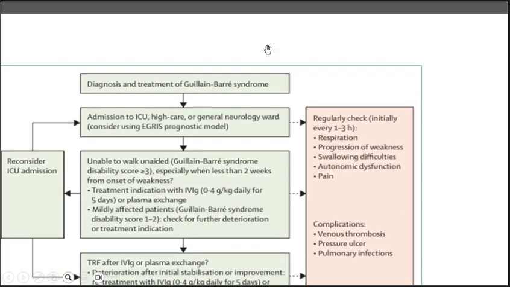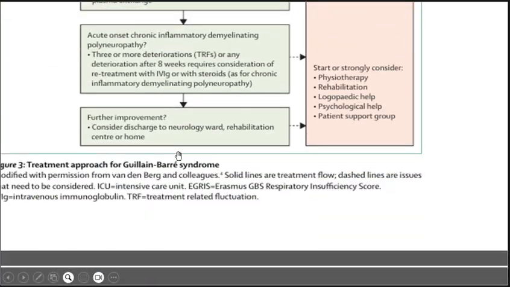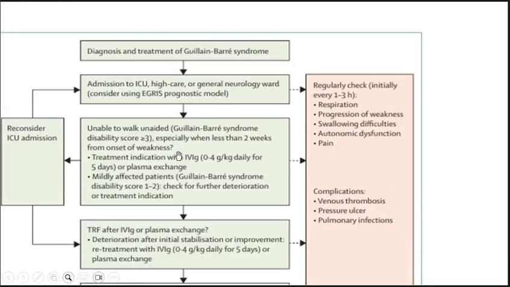Once we diagnose GBS and plan for treatment, when to initiate it? Whenever the patient is unable to walk or the disability score is more than 3, especially when it is less than 2 weeks from onset of the weakness, the treatment we usually start is either Plex or IVIG.